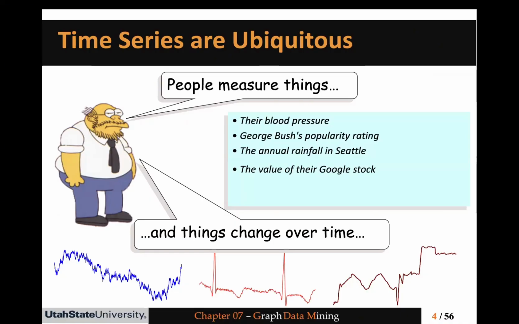So time series are ubiquitous, meaning that as long as people are measuring things and things change over time, whenever we have changes and the change matters, then the time series appears. Some classical examples include blood pressure over time, presidential approval ratings, the annual rainfall in some places, stock prices.